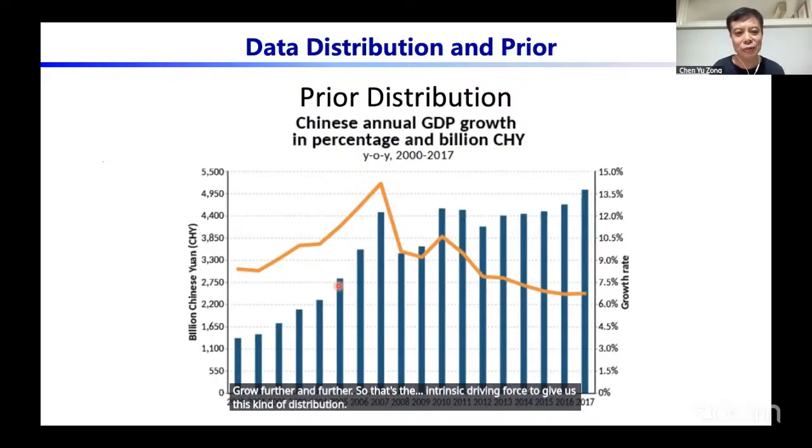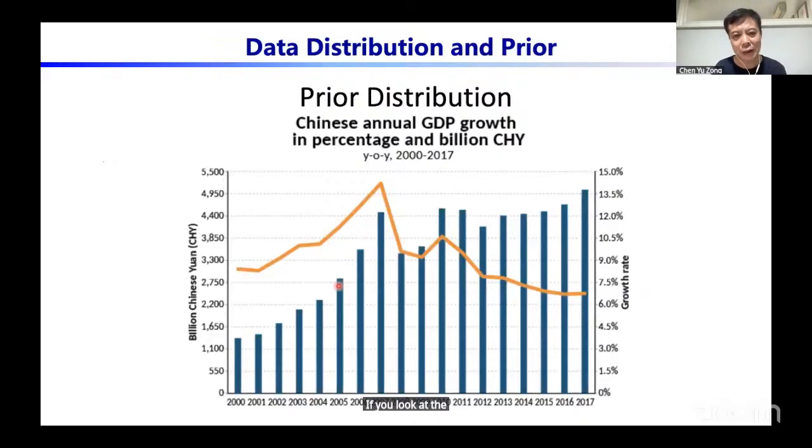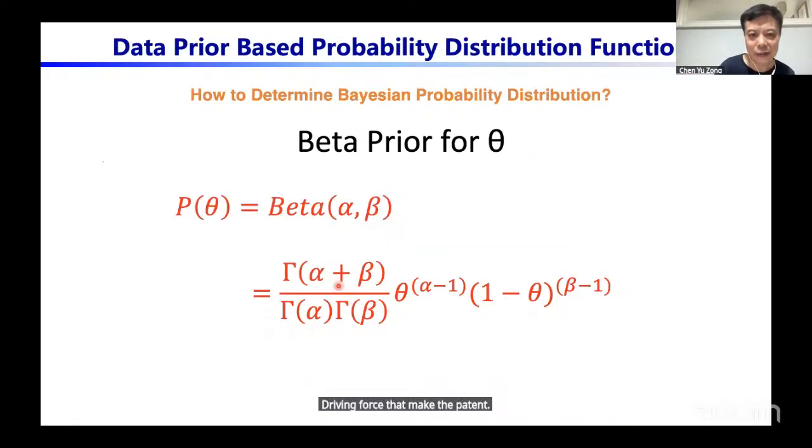Of course, if we look at the biology, if we look at the medicine, there are also some intrinsic driving forces that make the pattern happen. Okay. Now the question: how can we generate a statistical function to cover all those, a general pattern, a specific pattern, a specific fluctuation? Okay.